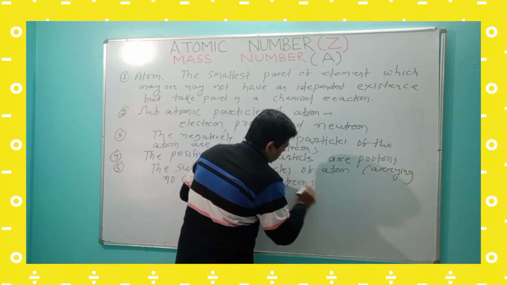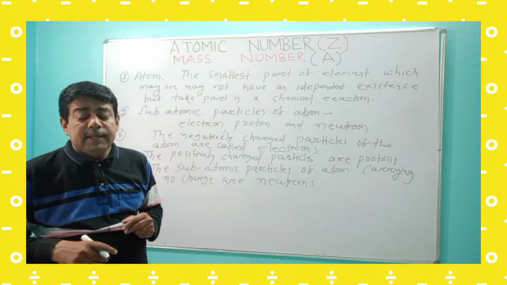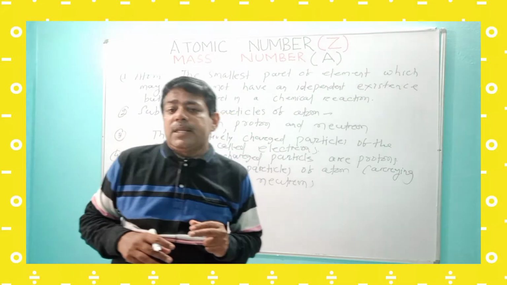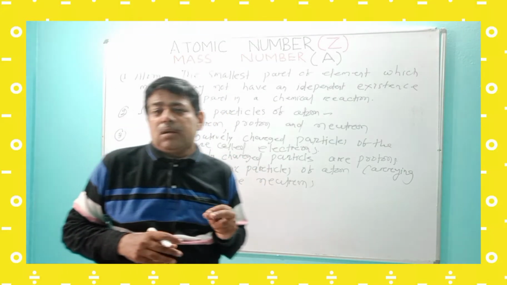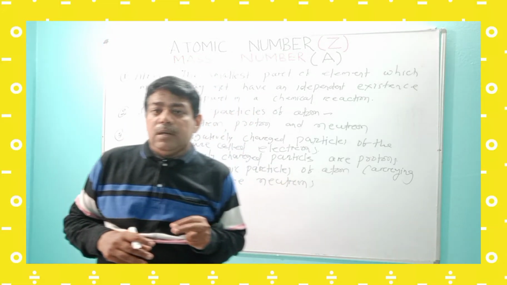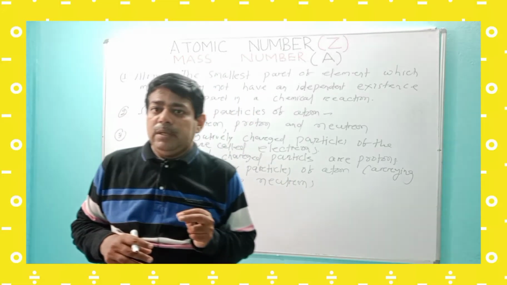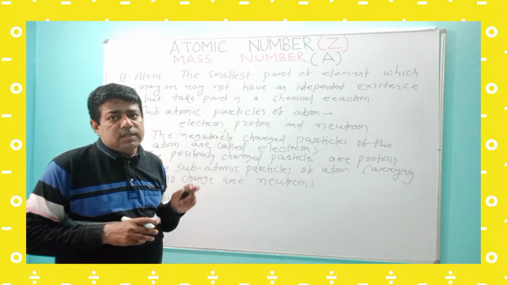It means the neutron carries no charge. These are the fundamental particles of the atom. Electrons, protons, and neutrons are called fundamental particles or subatomic particles of the atom. This is one of the concepts you already know.